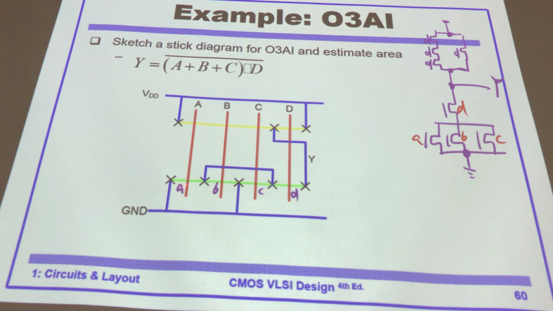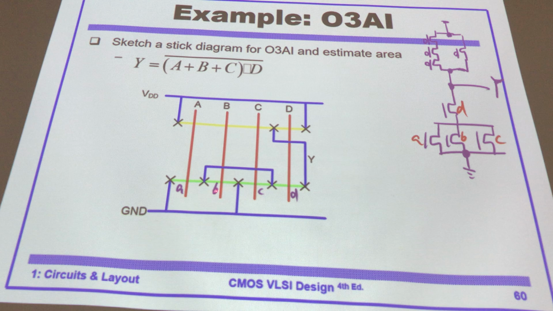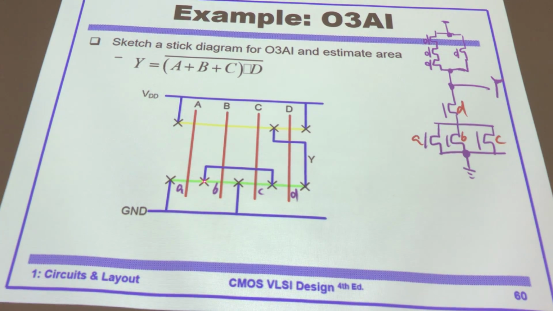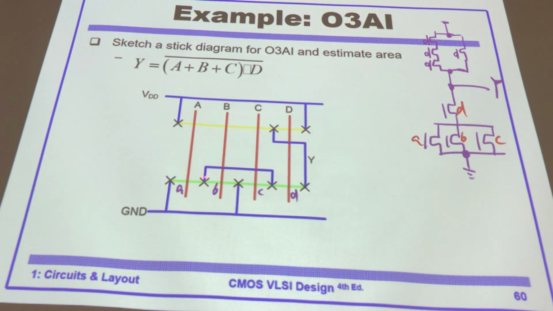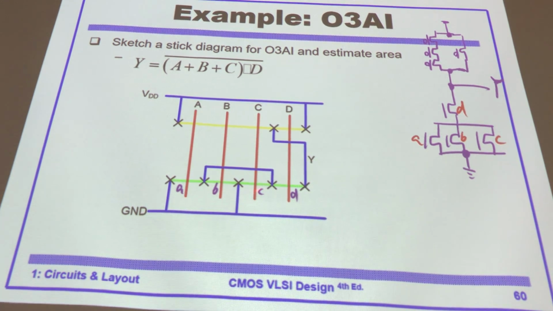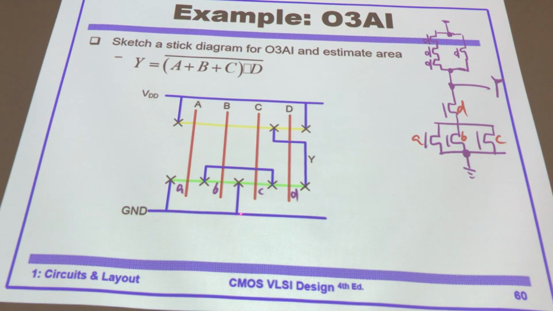For this NMOS transistor A, source terminal ground, okay? B NMOS transistor, the source terminal ground. Drain terminal connecting to where? Connecting to the source terminal of D here. This wire is here. Okay. And C NMOS transistor, source terminal ground.